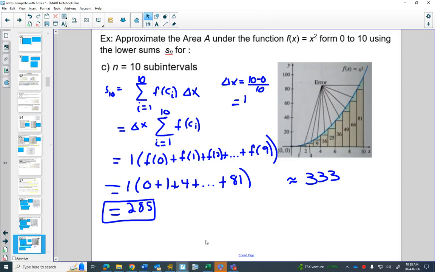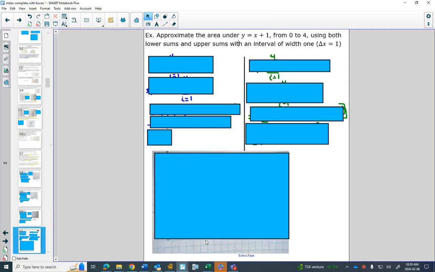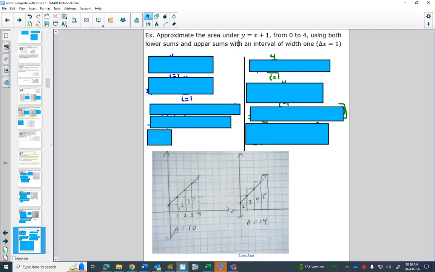So we're going to look at y equals x plus 1. That's a straight line with a y-intercept of 1. We're going to think about the lower rectangles, and we're going to think about the upper rectangles. That's why I've got it split in half there. The graph is to help you visualize what you have happening.